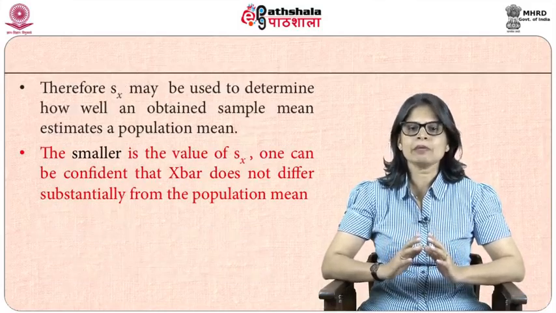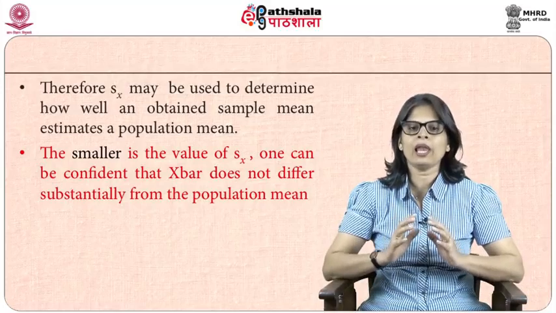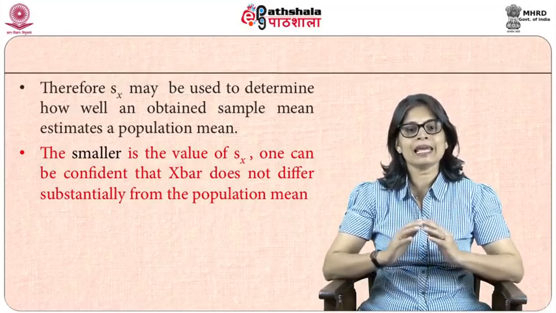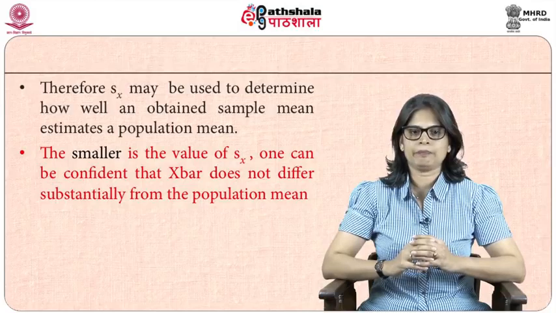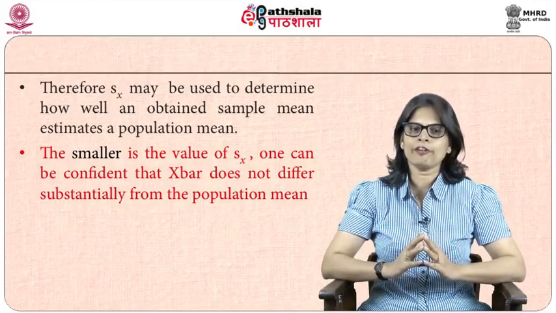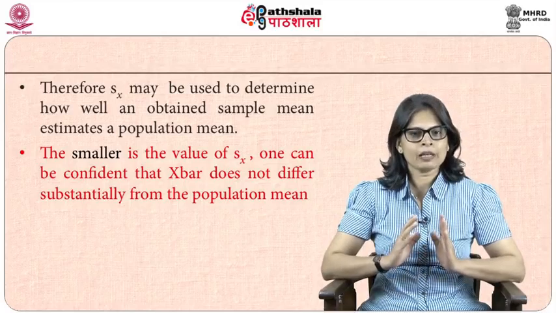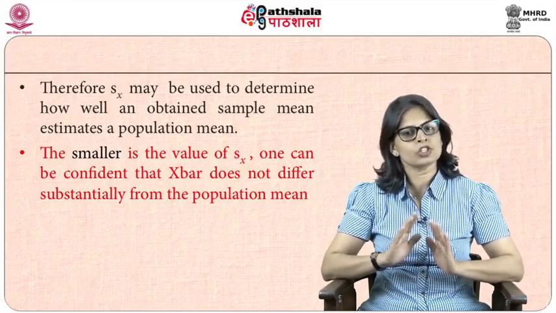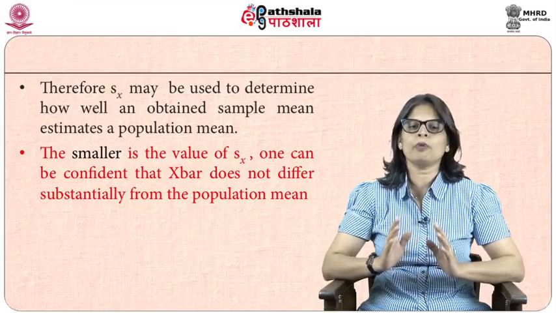Therefore, Sx may be used to determine how well an obtained sample mean estimates your population mean. The smaller the value of Sx, one can be very well confident that your sample mean x bar does not differ substantially from your population mean.